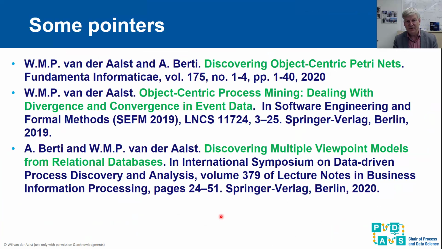If you think this is interesting, there are a few papers. This is a hot research topic. I think the top paper that you see here matches most closely what I've been talking about. It describes a technique to automatically discover these object-centric process models from the data that I indicated.